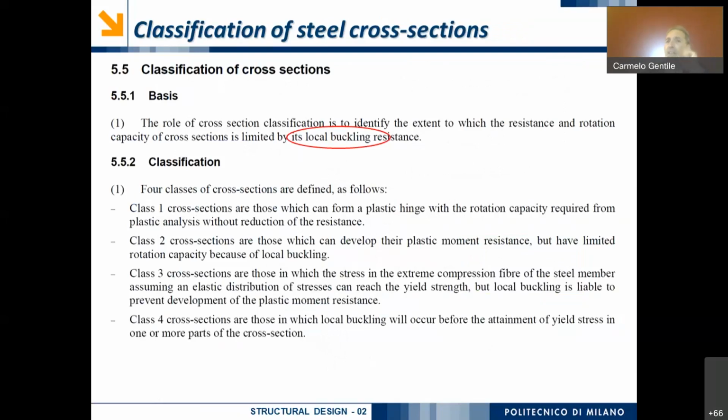So in steel structures, there is a classification of steel cross-sections, okay? And basically this classification is based on the possibility of exhibiting local buckling, okay? So basically it is possible to refer to 4 classes of cross-section.